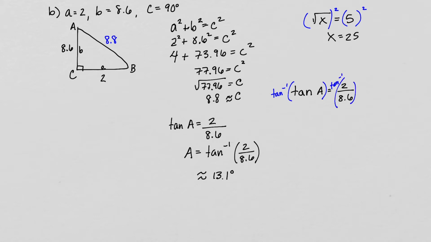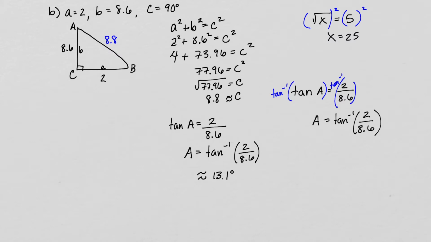Then tangent inverse of tangent, when you're doing the composition of an inverse function with itself, they cancel each other out. So you're left on the left-hand side with A and on the right-hand side with tangent inverse of 2 divided by 8.6. Does that help? Okay, good.